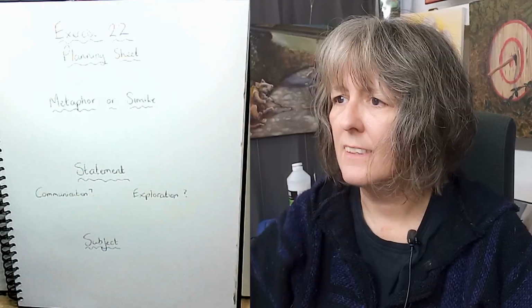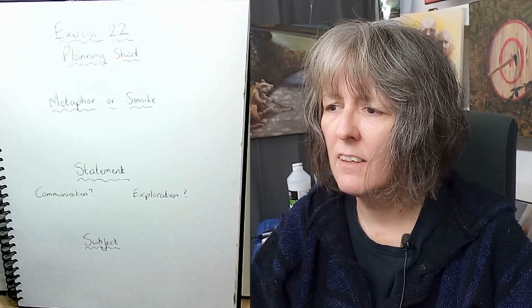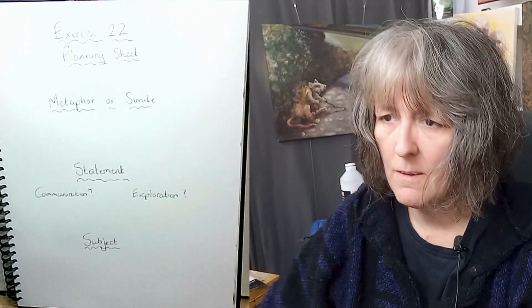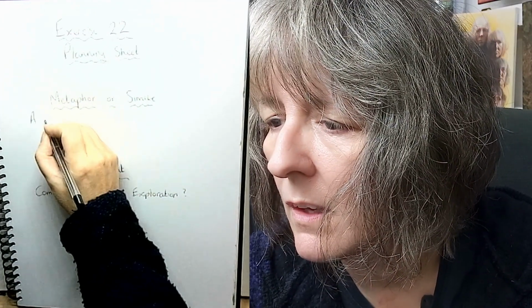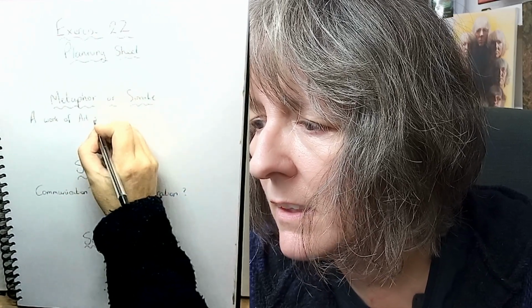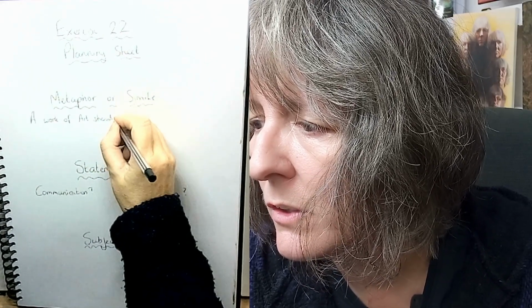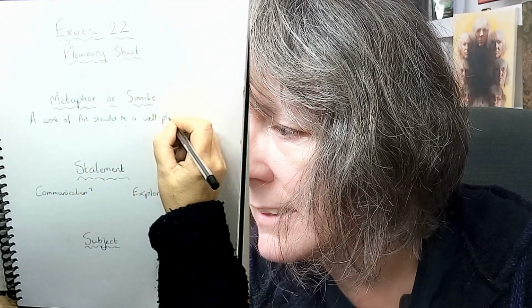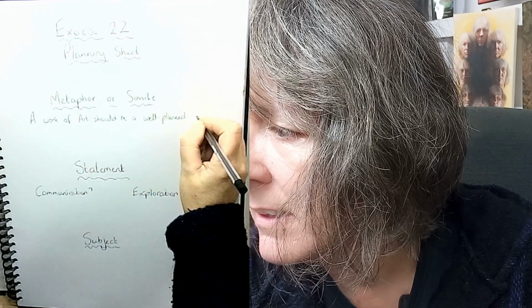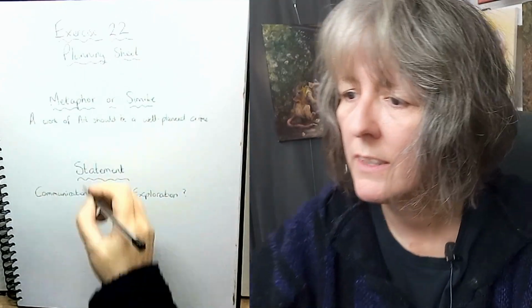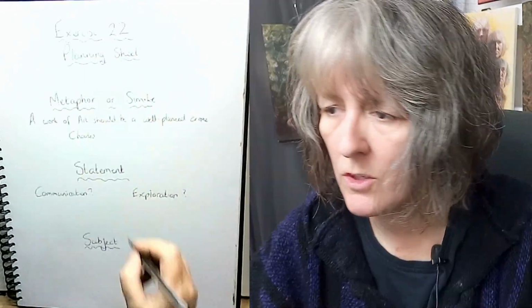Right, let's get on with the planning sheet. Exercise 22, planning sheet, metaphor or simile. Well, I've chosen a work of art should be a well-planned crime. And that was by the poet Charles Baudelaire.